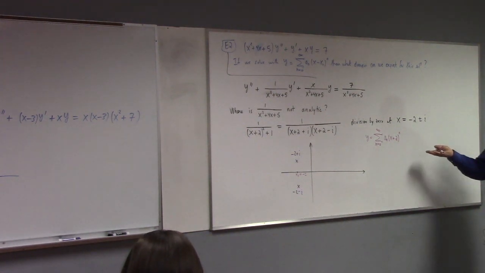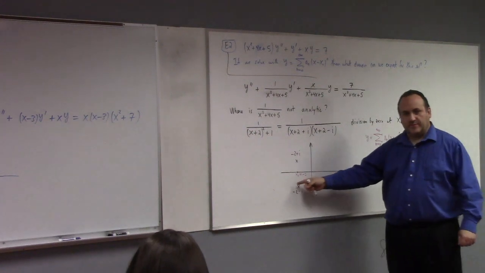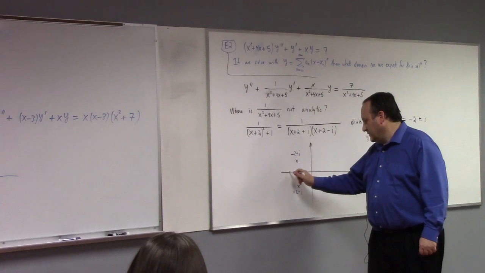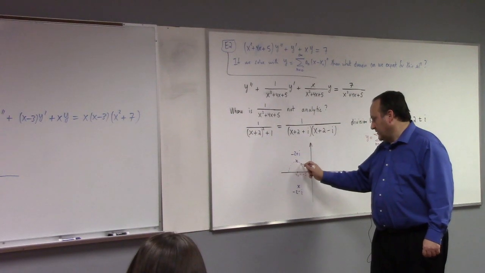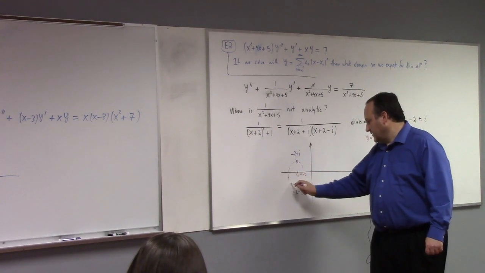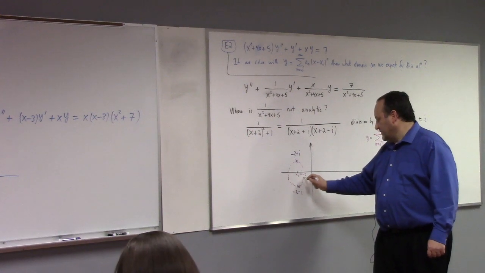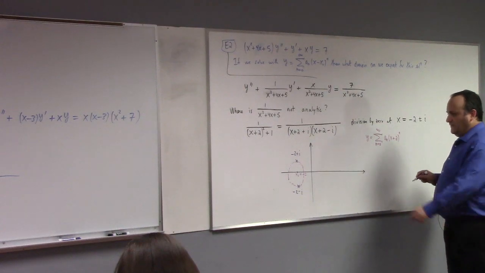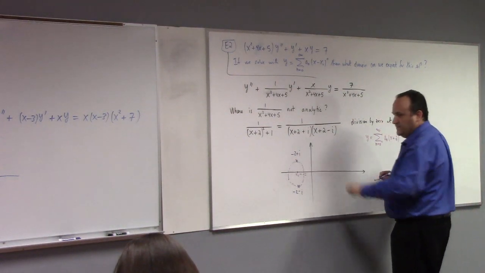Where does this get into trouble? Well, the center's here. Where's the first trouble spot? Above and below, right? So if you can see it, the closest singularities, they're both the same closeness, aren't they? So this would be the disk of convergence, something like this. How far is it from minus 2 to minus 2 plus or minus i?